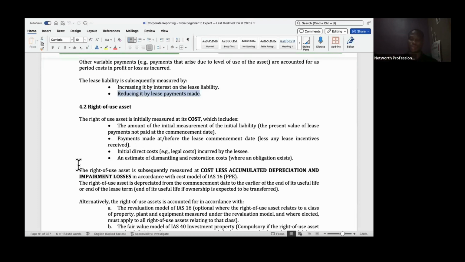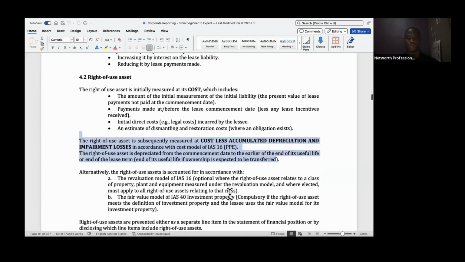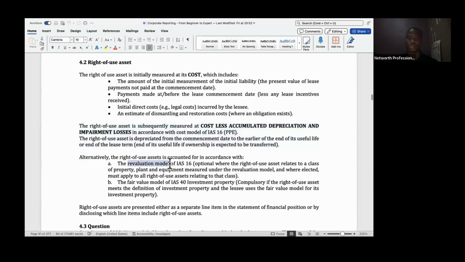And that's what this other paragraph is talking about, that we could use the cost model, which is cost minus accumulated depreciation minus accumulated impairment losses, majorly to determine the carrying amount. So all that is saying is that depreciate it. And you could also have an option of the valuation model or fair value model, depending on the leased asset, right?